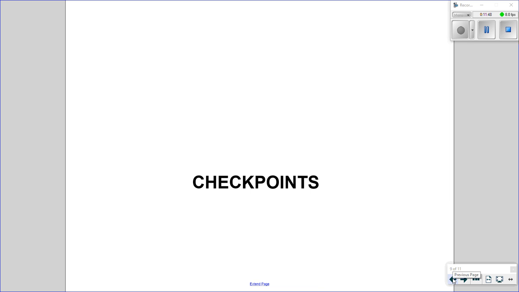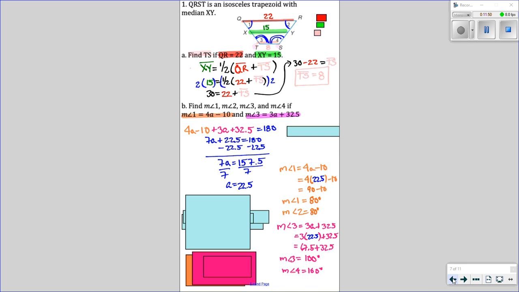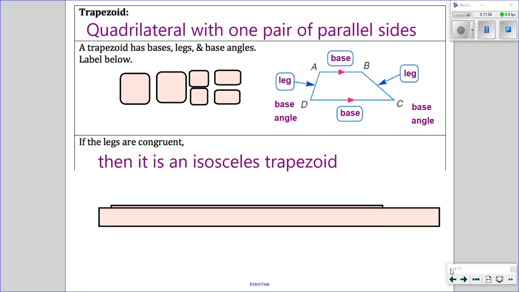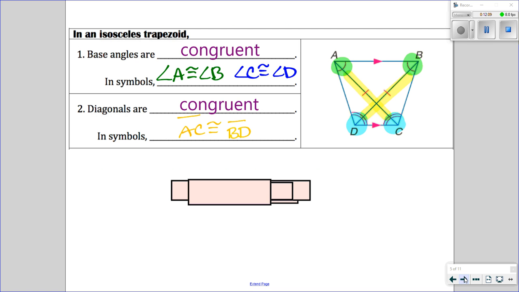So we have reached the end of this, and just to recap, we learned about a trapezoid. It's a quadrilateral with one pair of parallel sides. It is composed of two bases, two legs, and two base angles. And if you have legs that are congruent in a trapezoid, then it's an isosceles trapezoid. And in an isosceles trapezoid, the base angles are congruent and the diagonals are congruent.